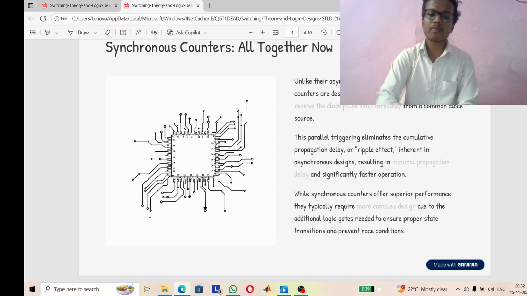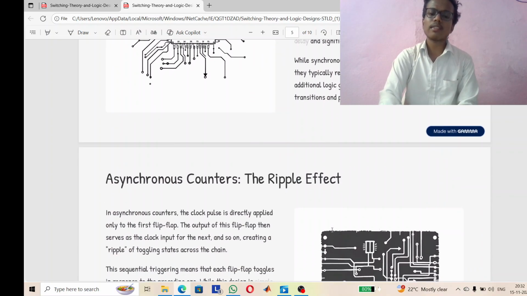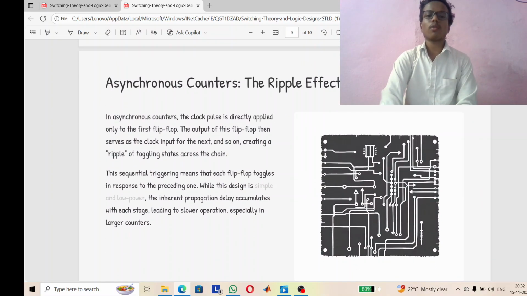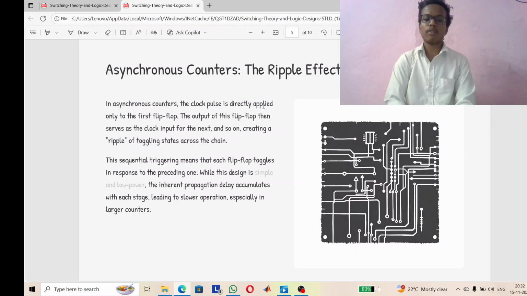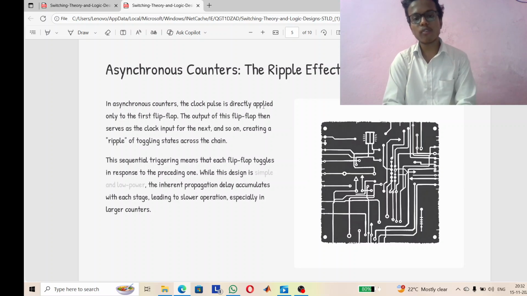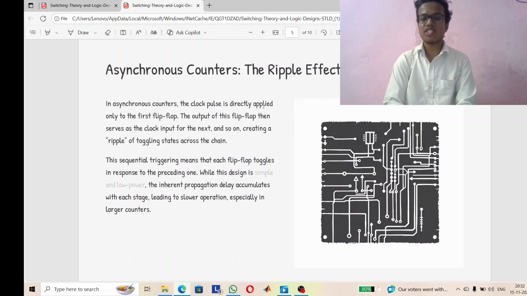The next one is the asynchronous counter, also known as a ripple counter. In an asynchronous counter, the clock pulse is directly applied only to the first flip-flop. The output of that flip-flop serves as the clock input for the next, and so on, creating a ripple of toggling state across the chain.